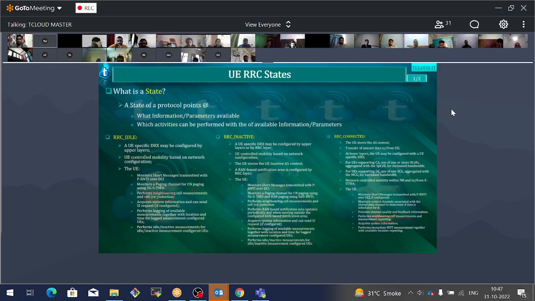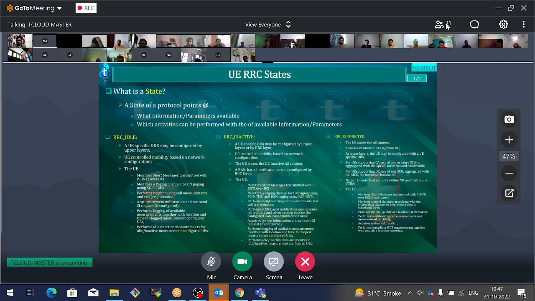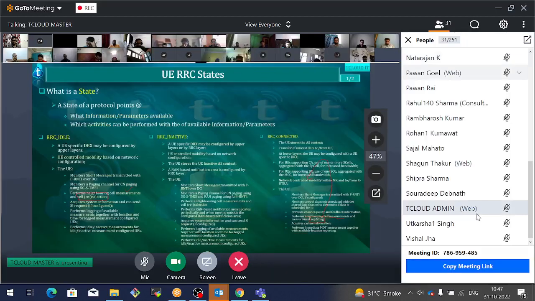Why? It is the same point I have told here. You need the network's help. You are reporting your signal strength to the network, explaining that the present cell is not good, the adjacent cell is good. I would like to use adjacent cell services, not yours. Please move me there. You have to send a report to the network about it.